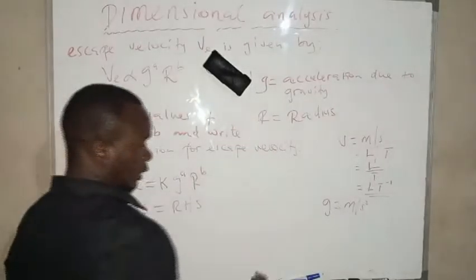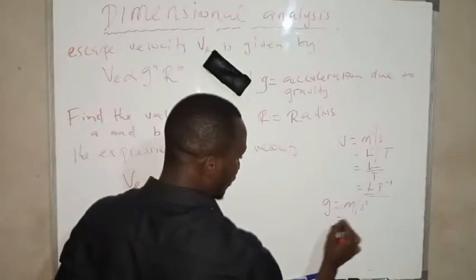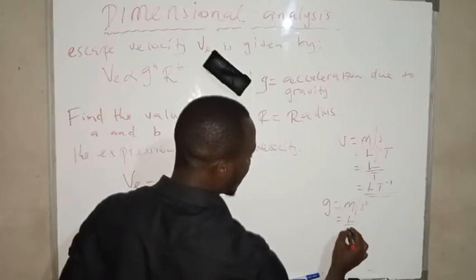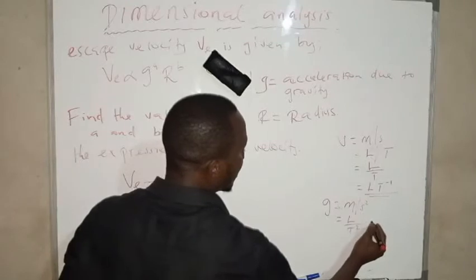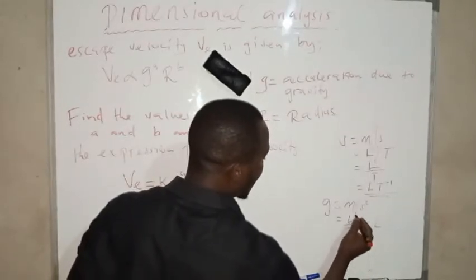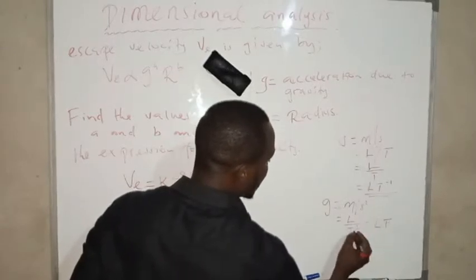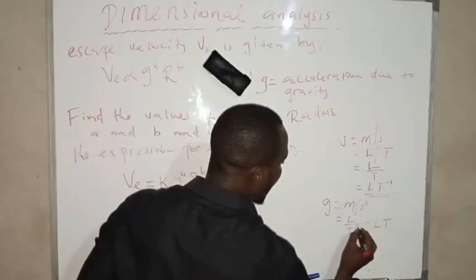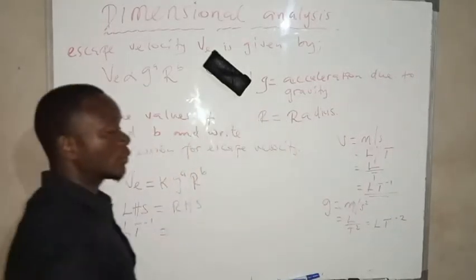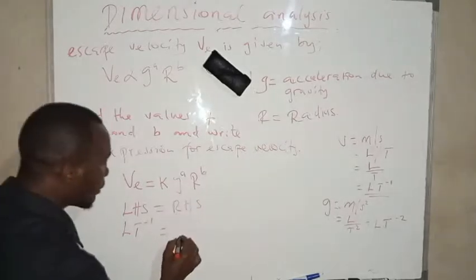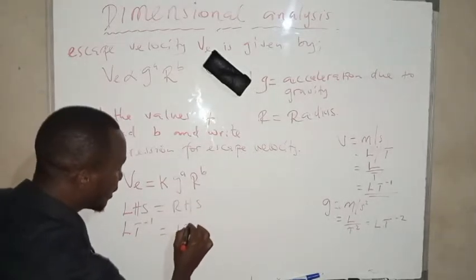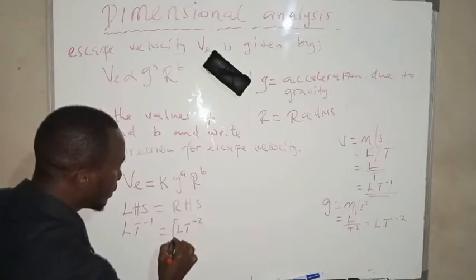So in terms of dimensions, length is L and time is T squared. This can be written as L T to the power negative 2, from the laws of indices. So we can plug that in with L T negative 2.